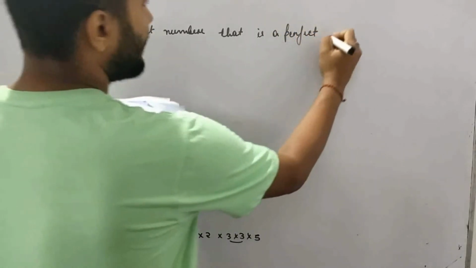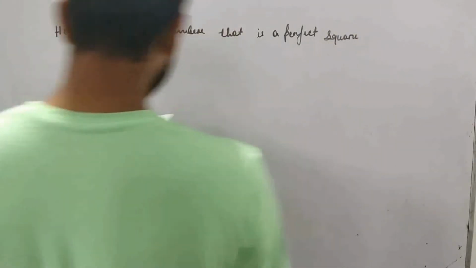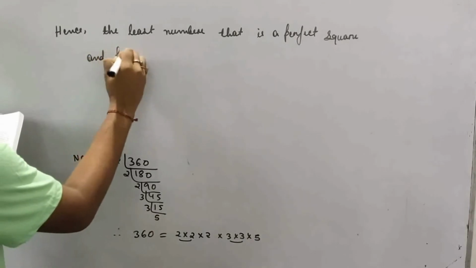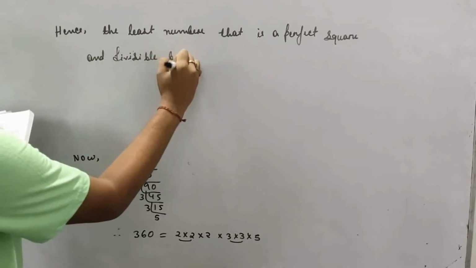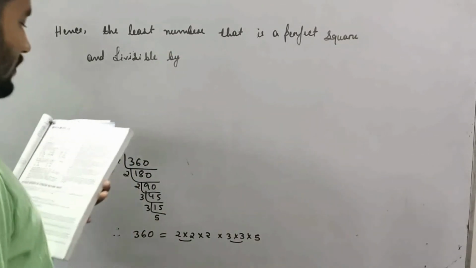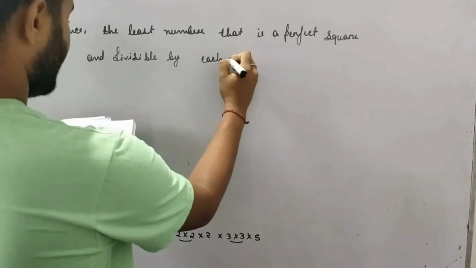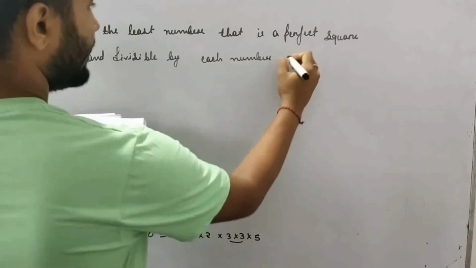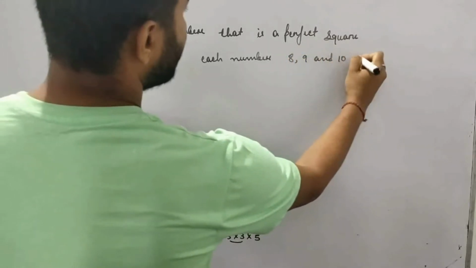That is a perfect square and divisible by each number 8, 9 and 10.